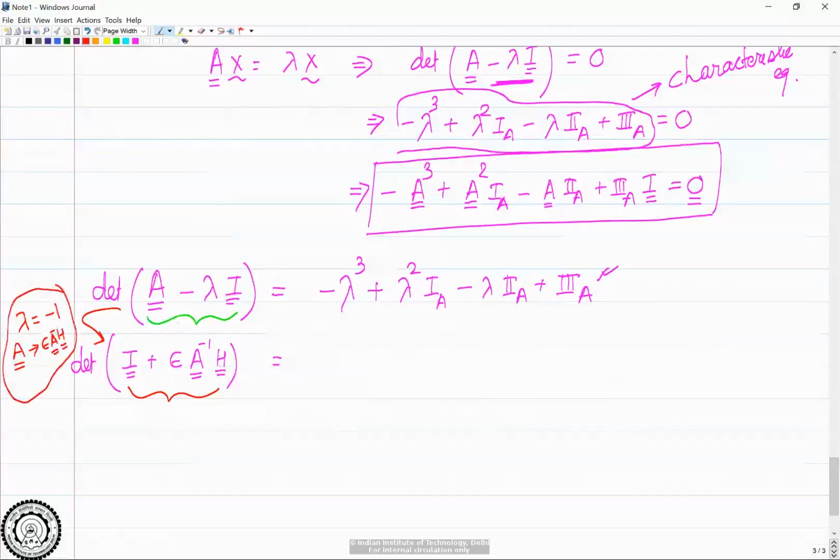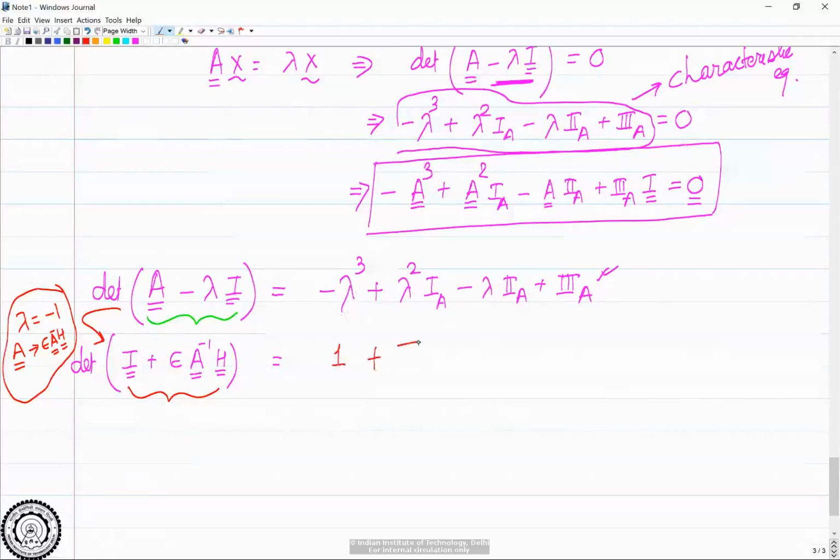So when I substitute lambda equal to -1 and A equal to epsilon times A inverse H, I get identity plus epsilon A inverse H. So I should do the same thing even on the right hand side. When you set lambda equal to -1, this becomes +1.